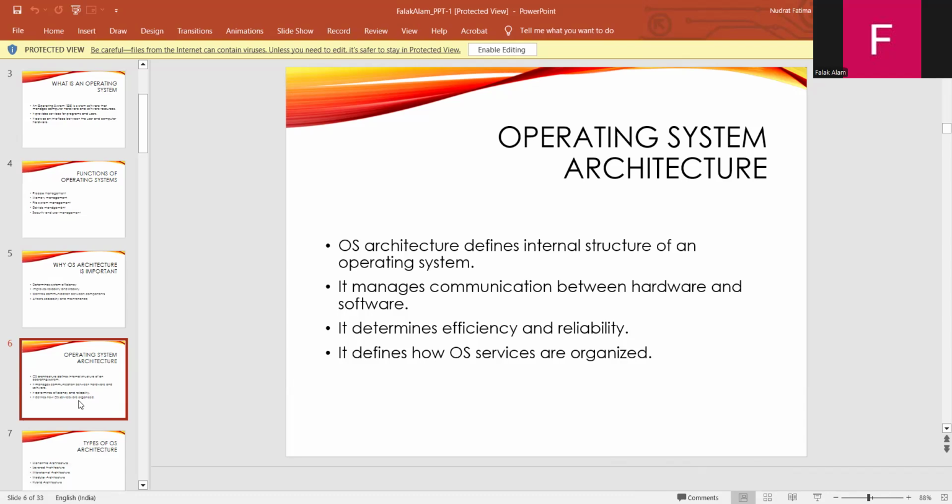Different operating systems use different architectural designs depending upon their goals. Some designs focus on performance while others emphasize security and modularity. Understanding operating system architecture helps us analyze how operating systems manage complex tasks efficiently.